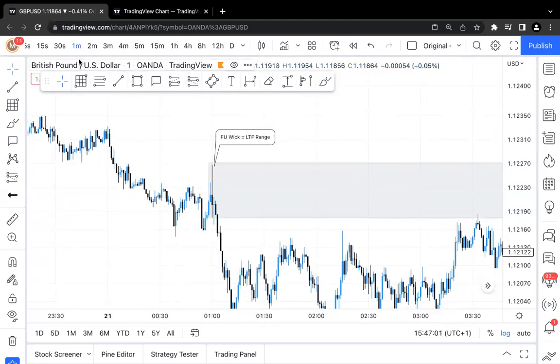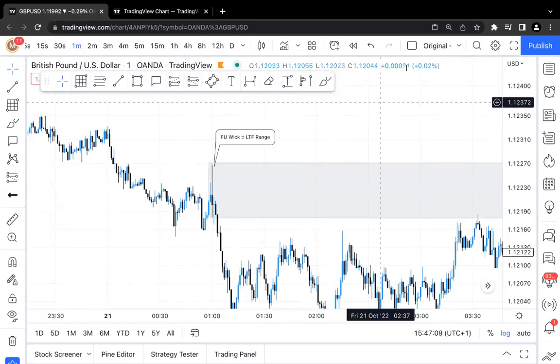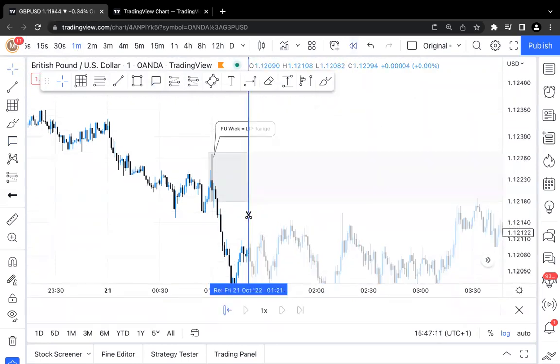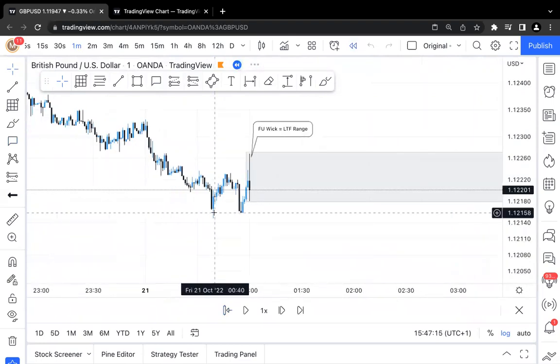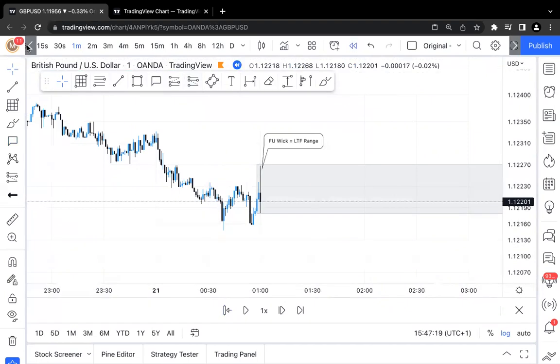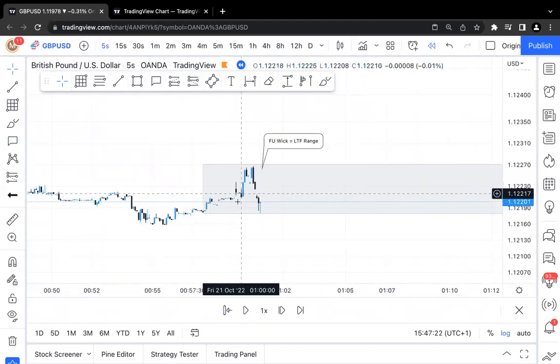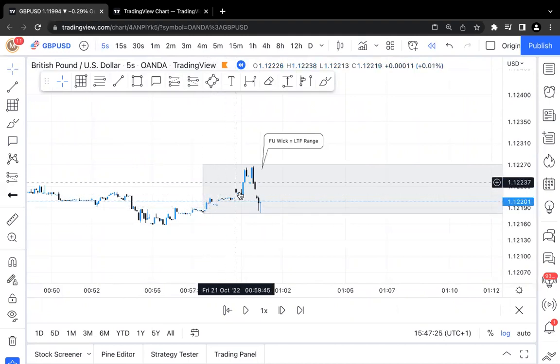So again, we're on the 1 minute chart right now, but if we were to go to the 5 second, this area would look like, in fact, let's do it. I can show you. Let's get rid of all of that, and let's see what this looks like on the 5 second. Do you see how we have that sideways movement?